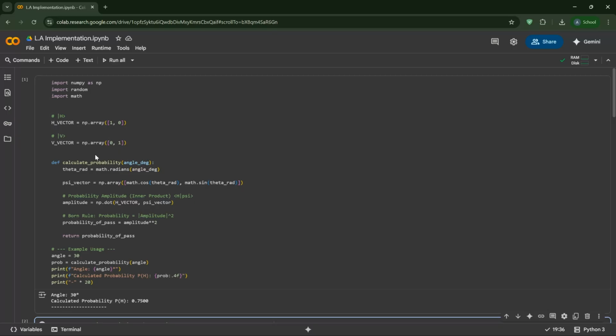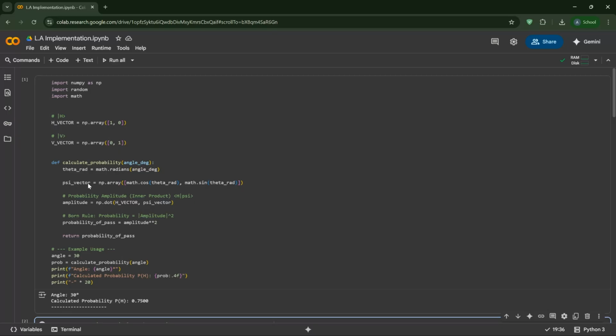Note, we convert the degrees to radians as Python's math library expects angles in radians. Now comes the moment of projection. The quantum inner product bracket pair of H and phi is implemented using the dot product in the NumPy library. This single line gives us the probability amplitude, that projected length cos theta.